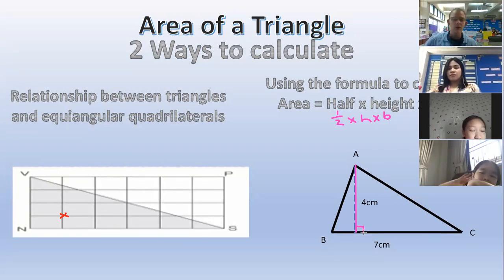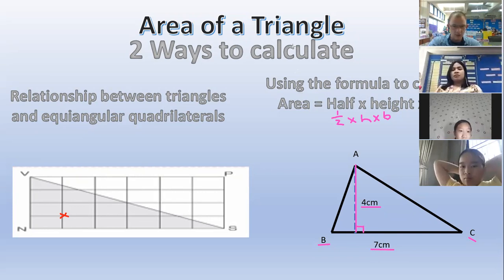So the height we calculated in this example already. The height is 4 centimeters. The base, which is in this instance BC, has a length of 7 centimeters. So if we use our formula and we write down the equation as per the formula, let's have a look.